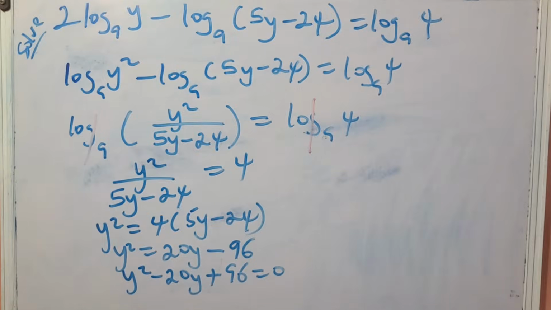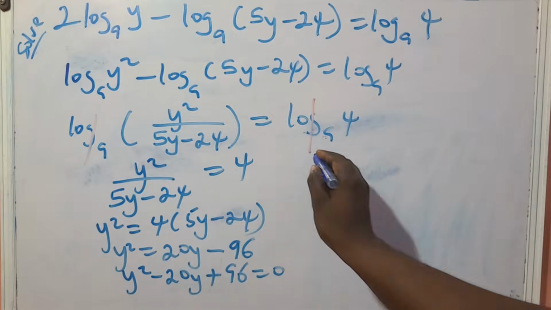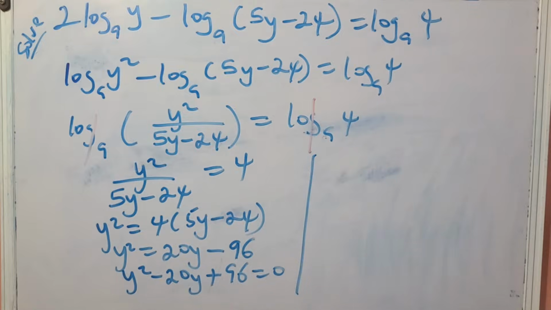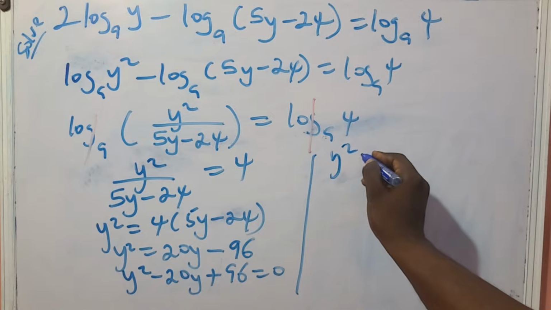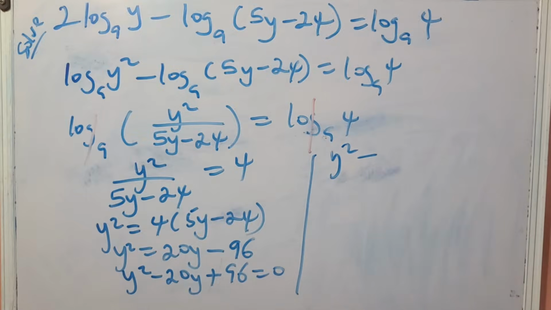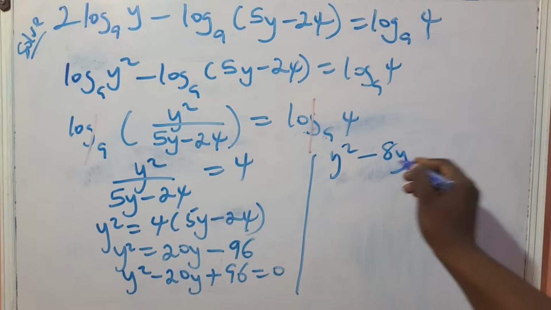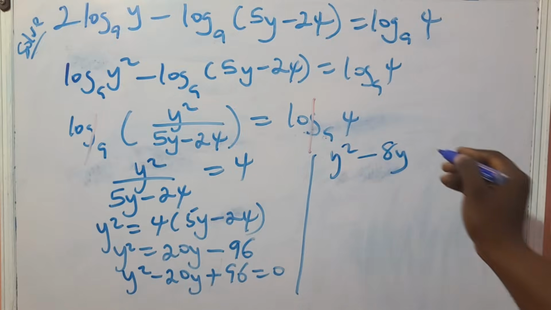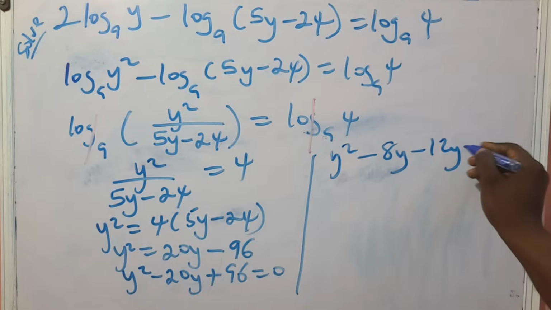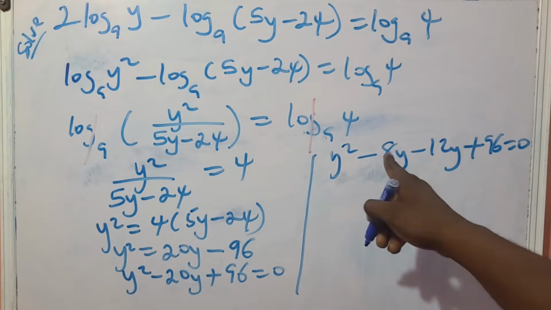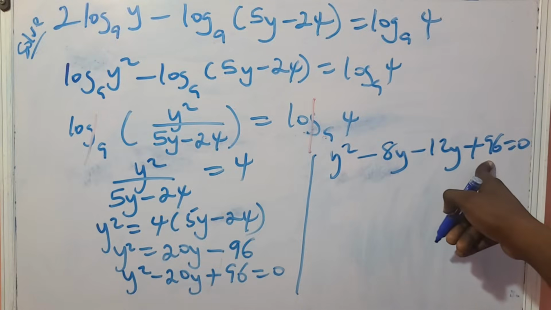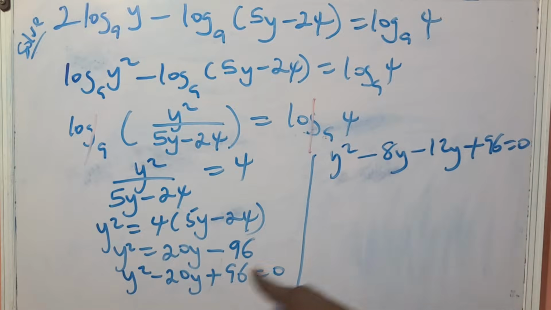You can use any method you want, but I believe factorization will work very well here. Using factorization, you have y squared minus 8y minus 12y plus 96 equals 0, because 8 times 12 gives 96, minus 8 times minus 12 gives 96, and minus 8 plus minus 12 gives minus 20.